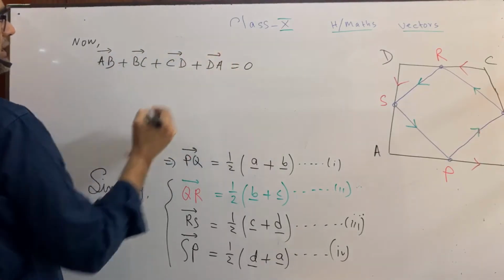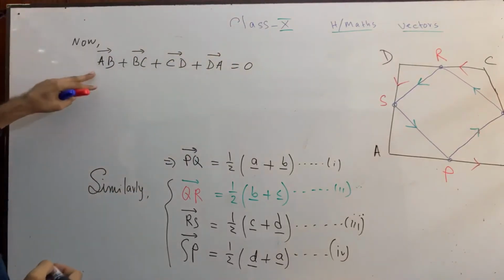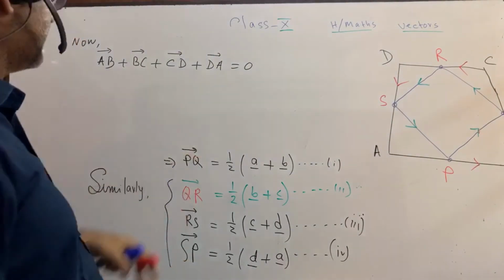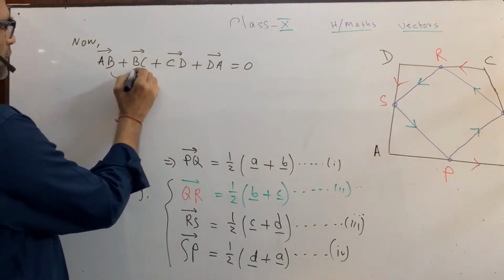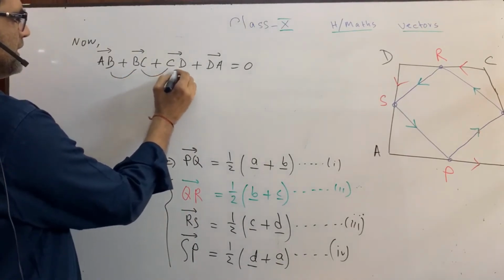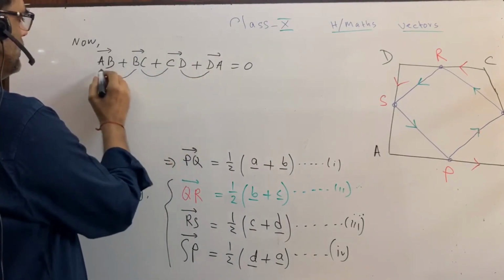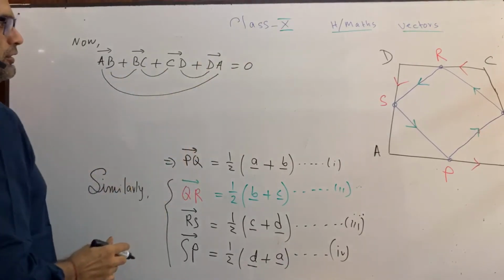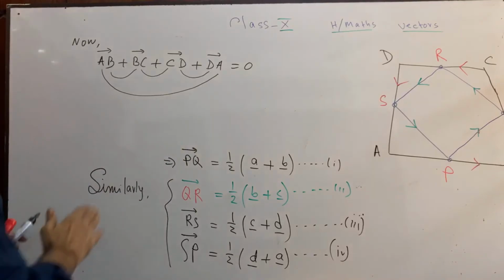What is meant by this? It started with A and ended with A. That means BB will be omitted, CC will be omitted, DD will be omitted, we will be left with AA omitted, that is 0. Okay.